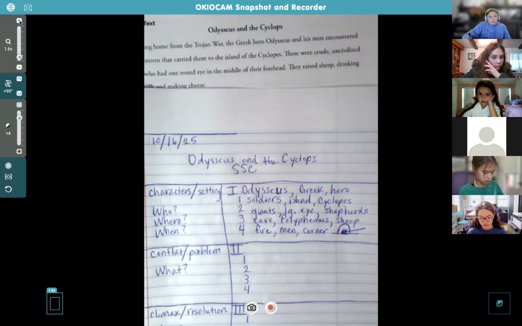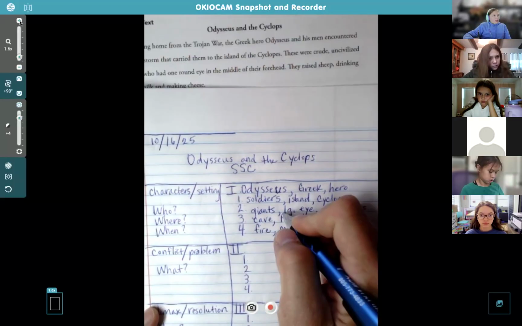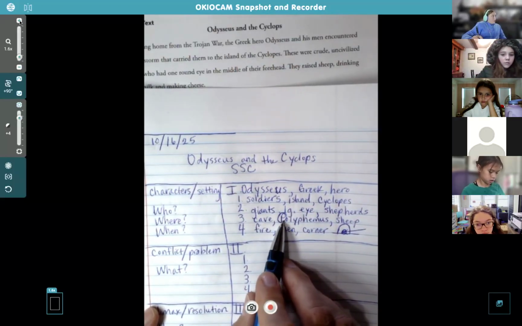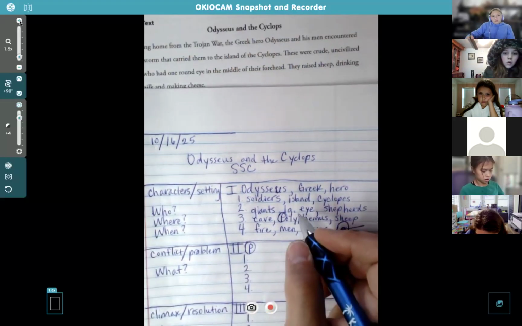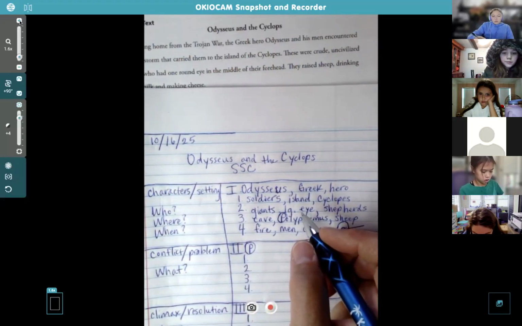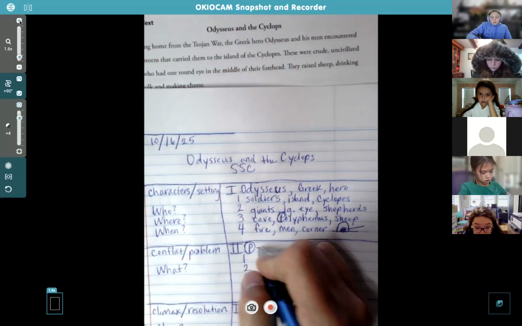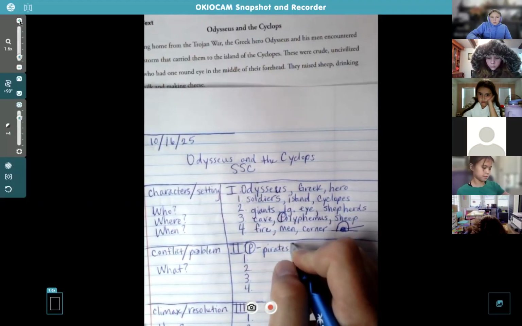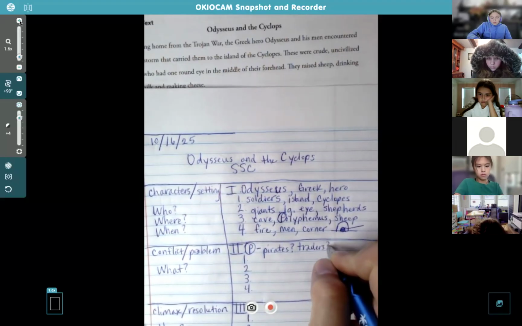He is the Cyclops, the main Cyclops in this story. So I'm going to circle that P up here so I can use that as a symbol now. And now we can say P, Polyphemus, asks, I'm going to put a dash and I'm going to put pirates, question mark, traders, question mark.